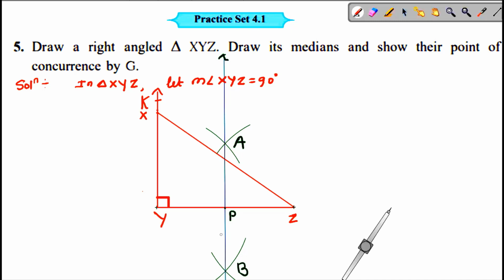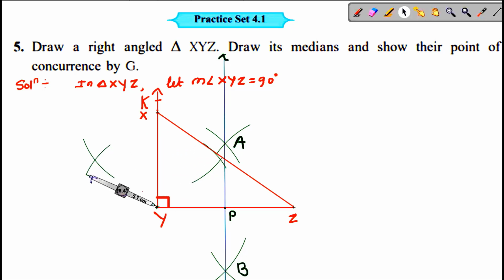Let us find out the midpoint of side XY with the help of a compass. Keeping the compass on the vertex X with a suitable distance, draw the arc on both sides, left side and right side, as shown here. Keeping the same distance, put the compass on point Y and draw the arc intersecting the first arc.